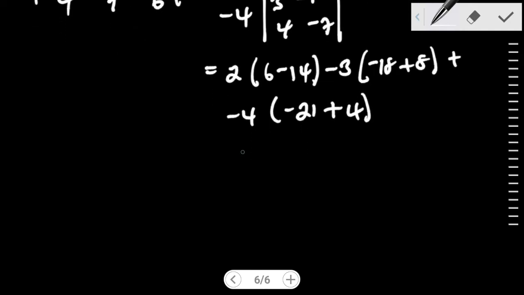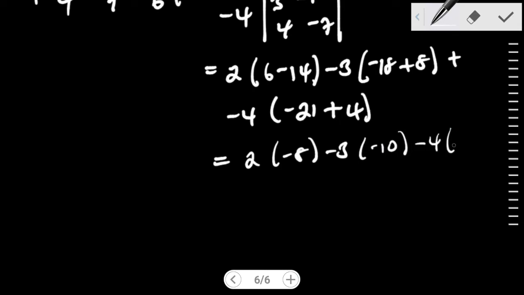And therefore, this would be equal to 2 into negative 8, minus 3 into negative 10, minus 4 into negative 17.